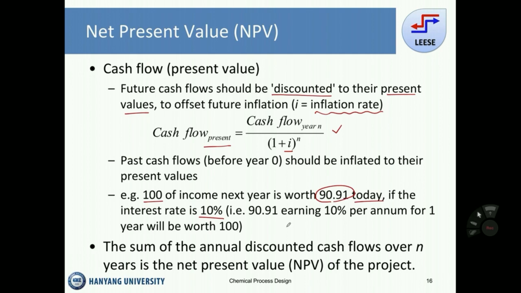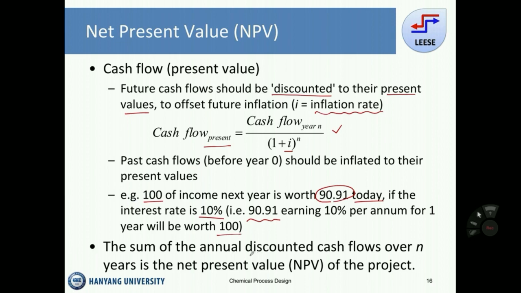So the 10% interest rate should be taken into account for calculating the present value of the cash. If you are earning 90.91 this year, then with 10% interest that value will be inflated to 100 next year, okay? So the time value is taken into account for evaluation of the cash flow.